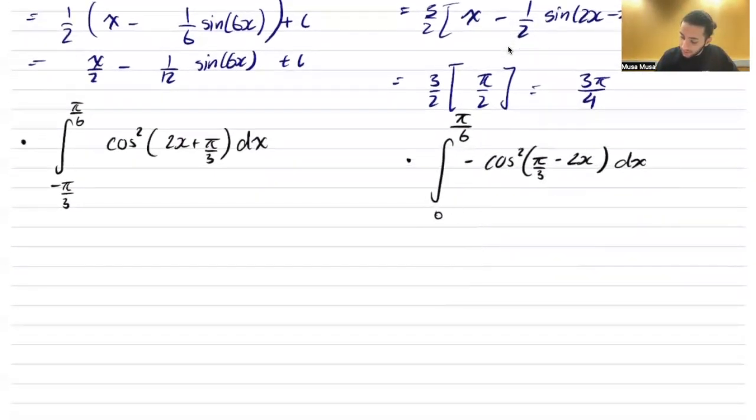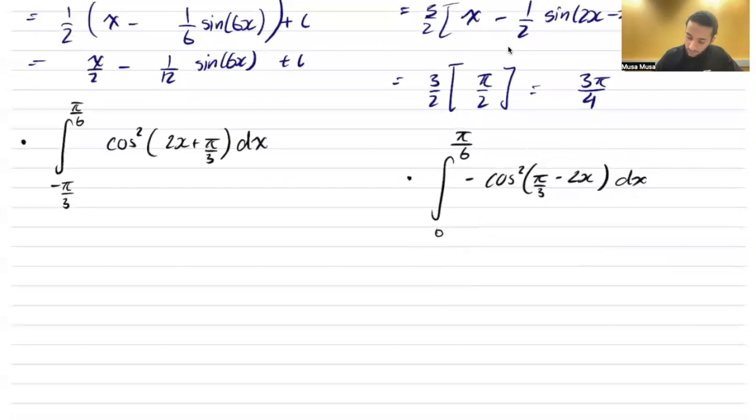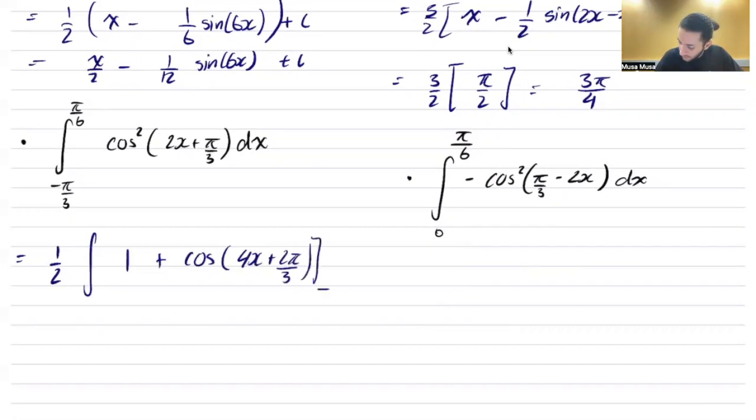Let's do the other ones. So this is going to equal a half. Let's write this in blue. A half of, and then the cos goes to 1 plus cos of twice the argument. So 4x plus 2 pi on 3, from minus pi on 3 to pi on 3.